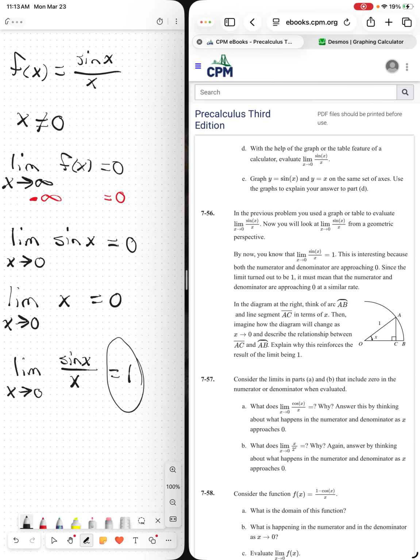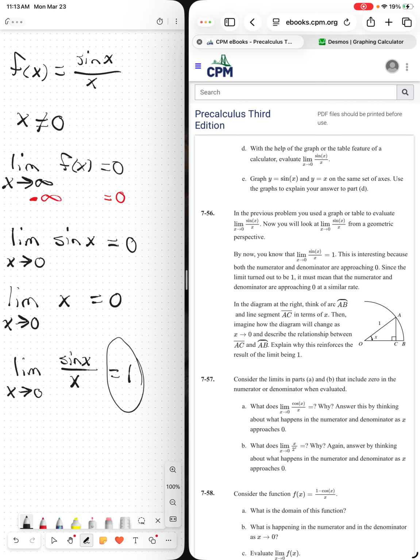So in the previous problem, you used a graph to evaluate the sine of x over x. Now let's look at it from a geometric perspective. If you look here at this geometric triangle arc, in the diagram to the right, think of arc AB and the line segment AC in terms of x.